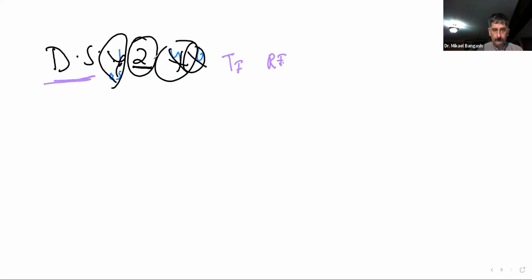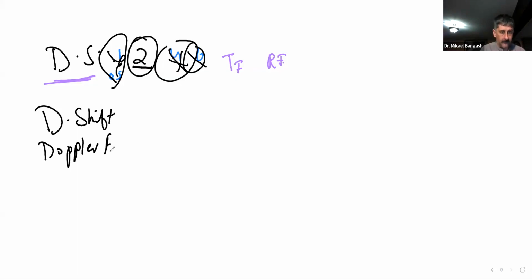Now, the next was the Doppler shift. If somebody doesn't like the word Doppler shift, just remember we can also call it a Doppler frequency.